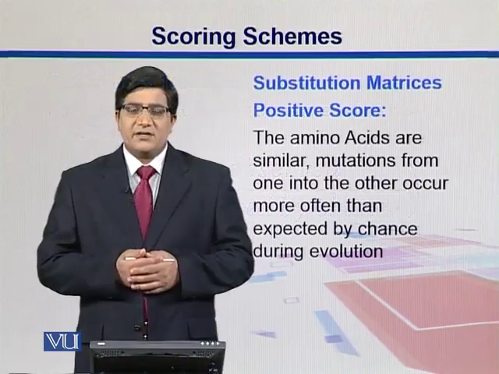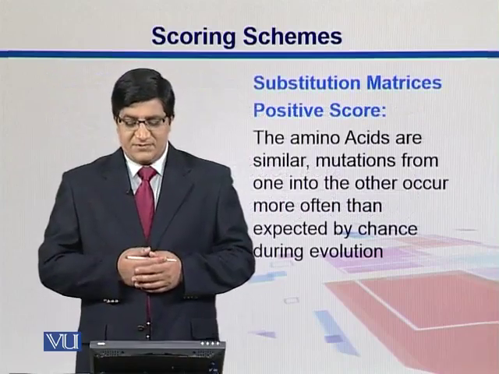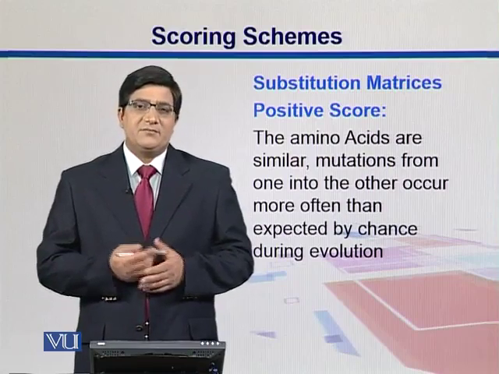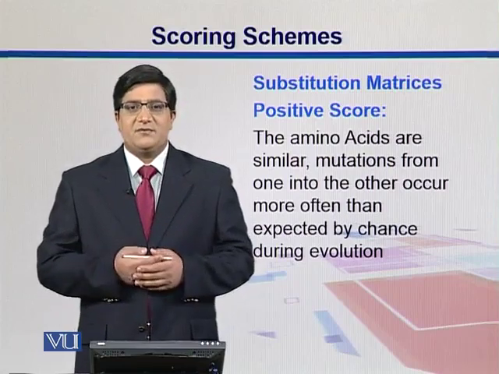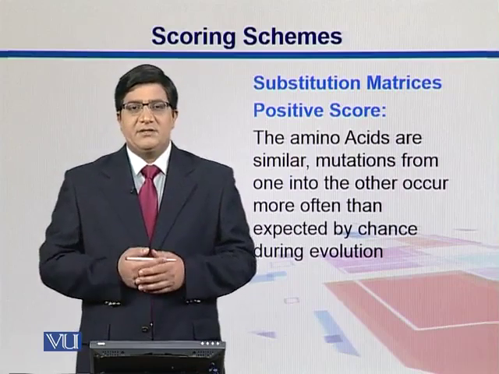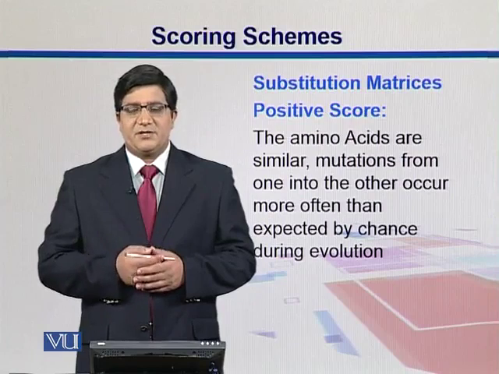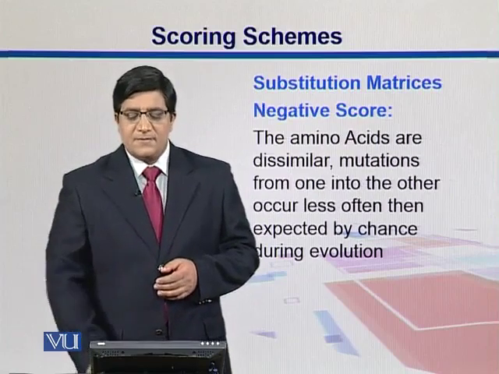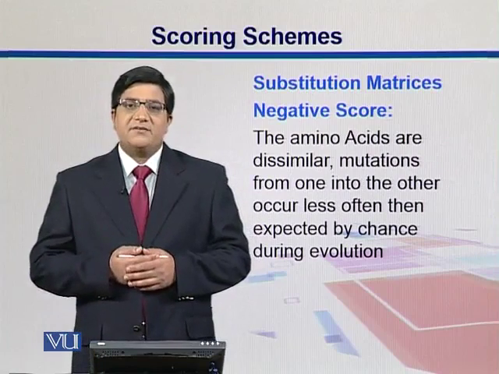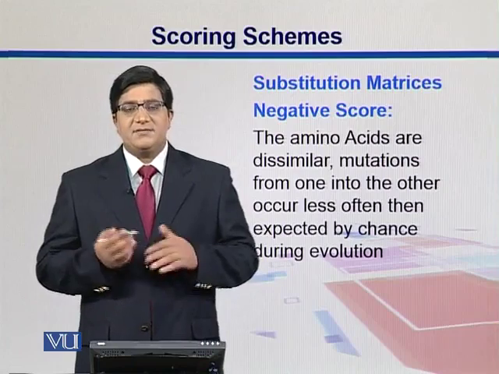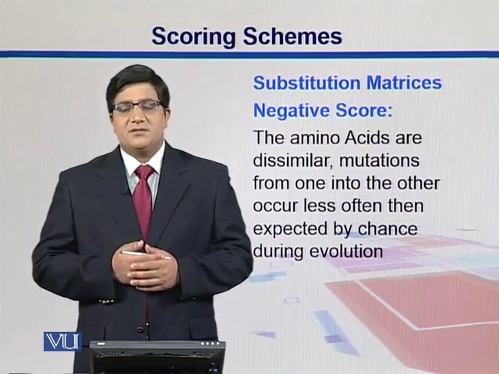So a positive score in those substitution matrices indicates that the amino acids are more similar, and the substitution of one amino acid to another is more frequent than expected by chance. Whereas if the amino acids are dissimilar and mutations from one to another occur less frequently, in that case the score is negative.